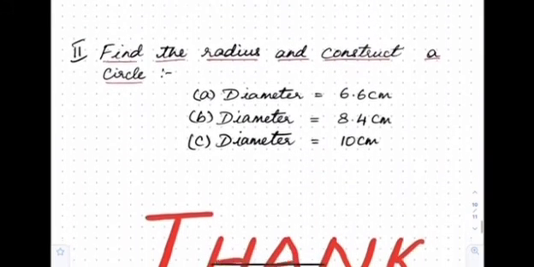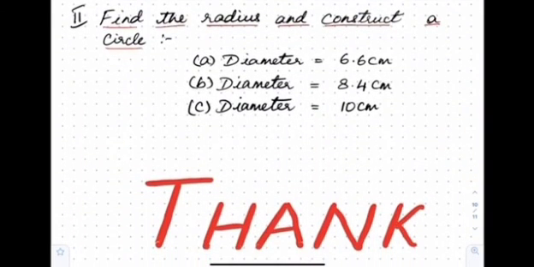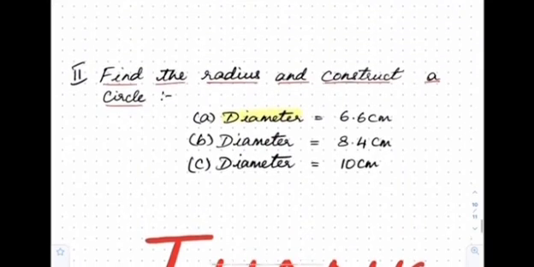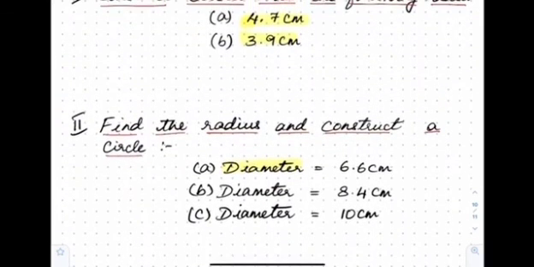Then the second problem would be: find the radius and construct a circle. Here it is the diameter that has been given. Diameter is 6.6, and the second one is 8.4. Third one is 10 centimeters. Here it is very clear: if the diameter is 6.6, how much is the radius?